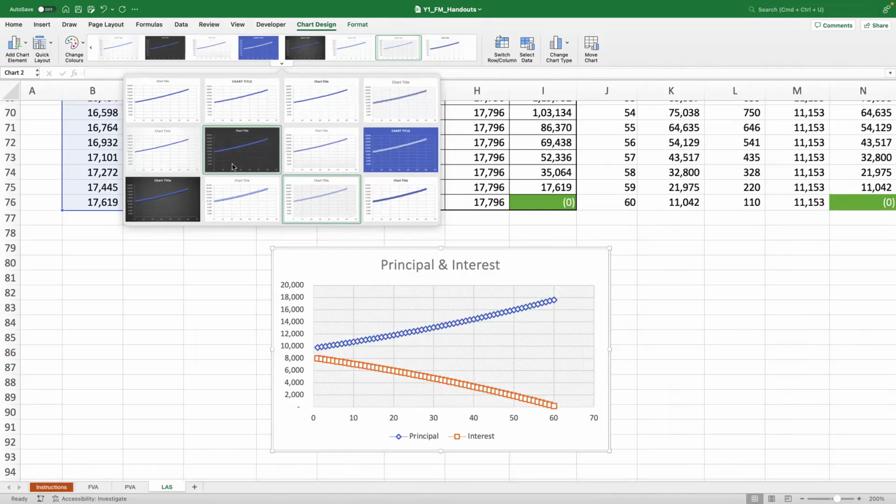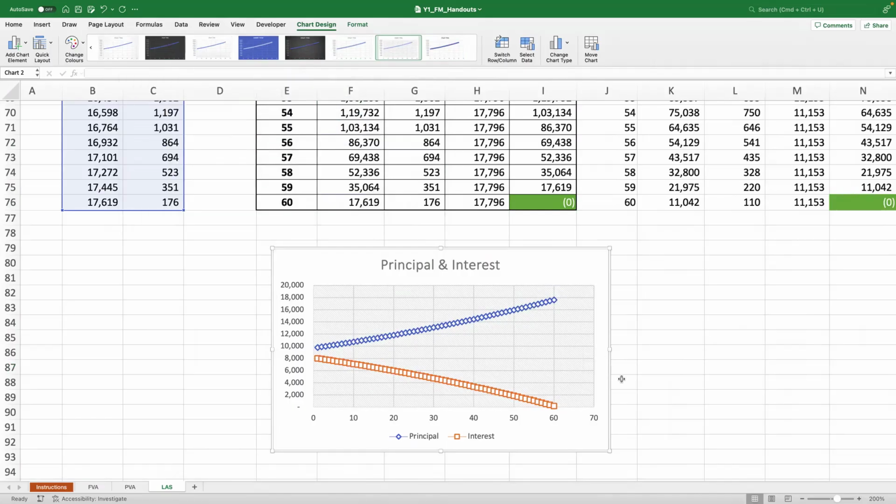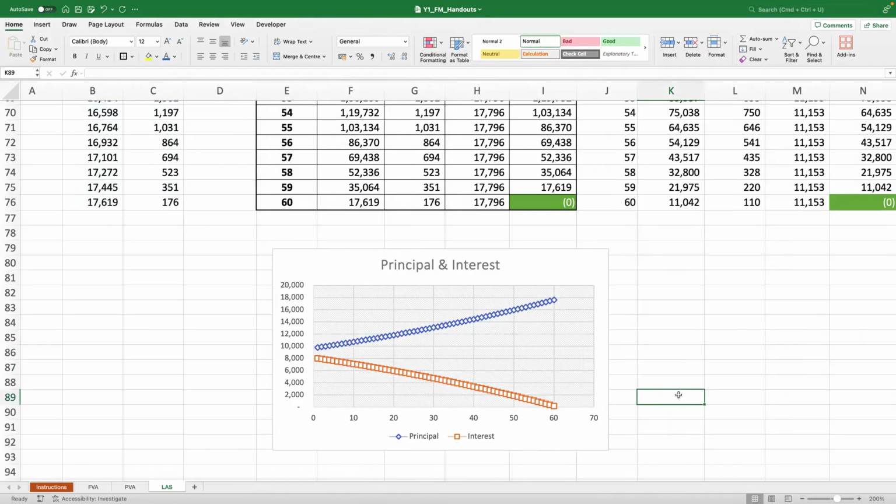Okay? So you see that as the time progresses, principal is blue and interest is orange. So as my time progresses, my principal component increases and my interest component comes down.